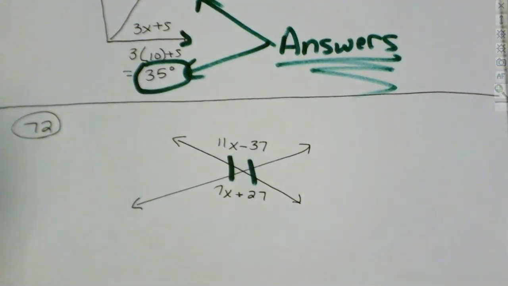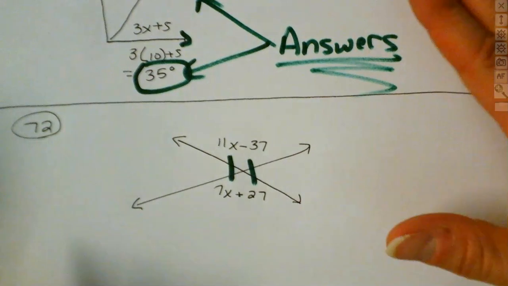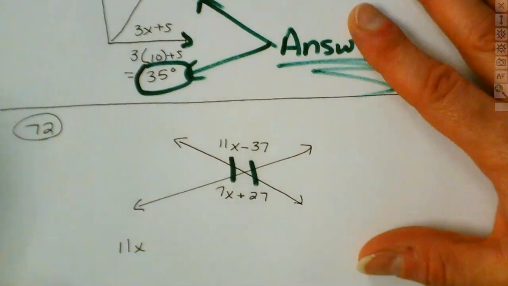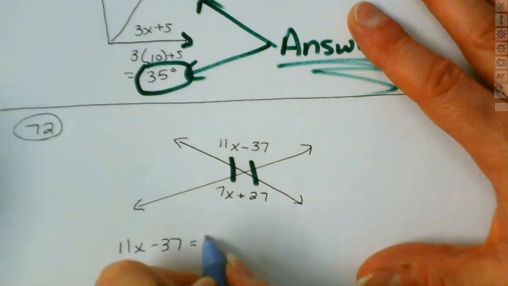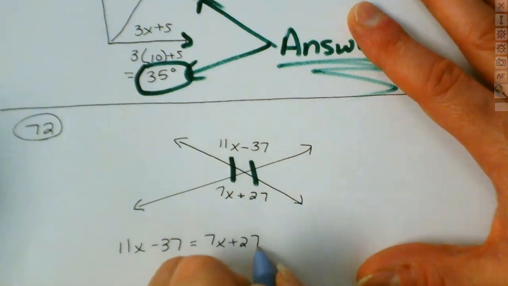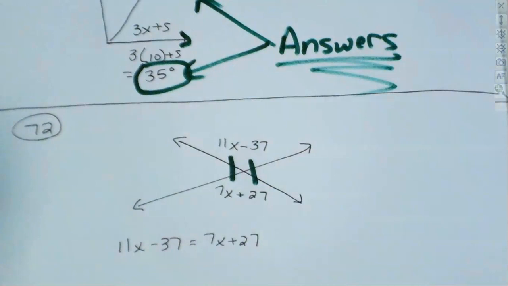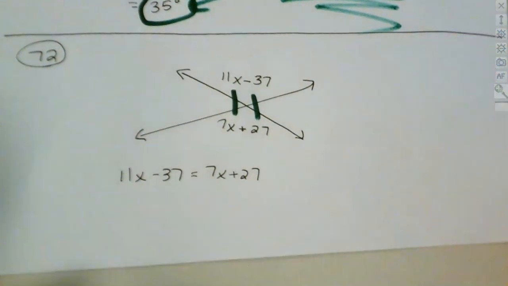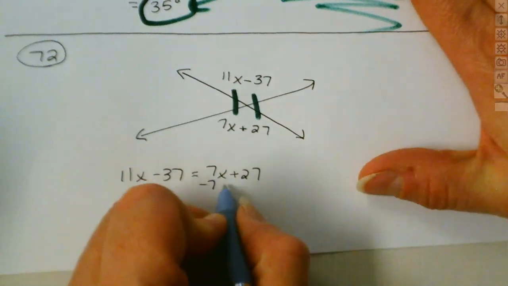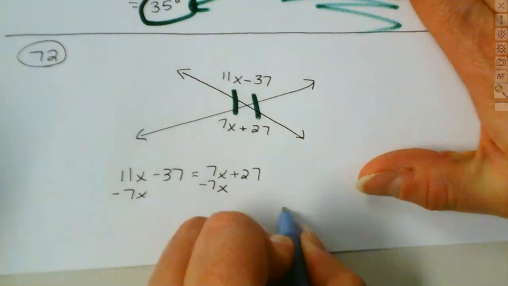Easy enough. So what does my equation look like now? 11x minus 37. That equals 7x plus 27, right? Simple enough there. Move the 7x over with subtraction again.